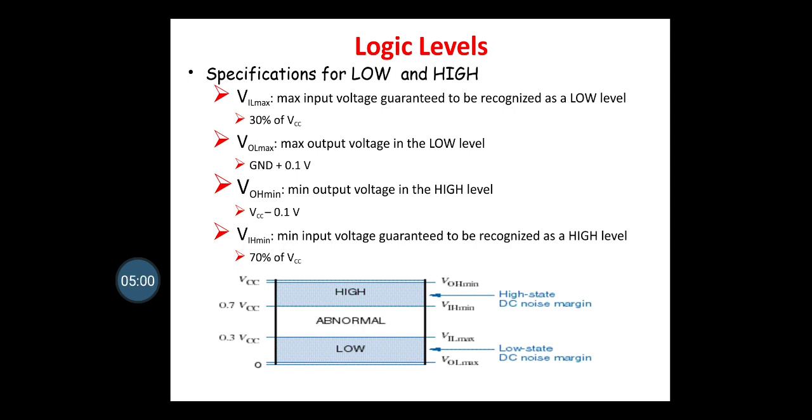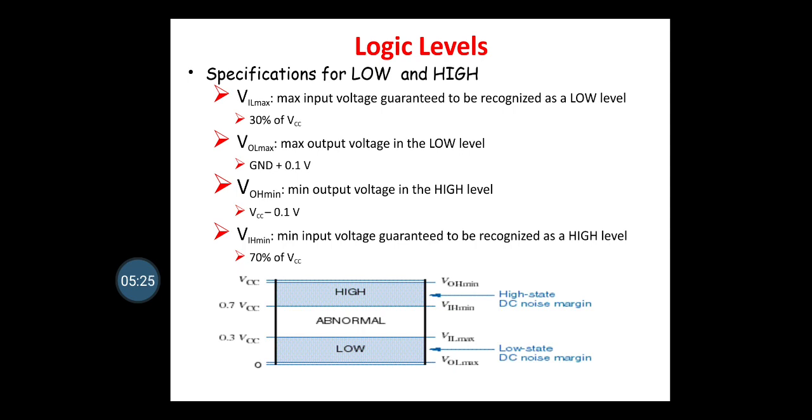when we draw the waveform for logic 1, the highest voltage for logic 1 is VCC, but you can see VIH minimum and VOH minimum, as well as VIL max and VOL max. For logic low, the minimum and the maximum voltages are marked here.